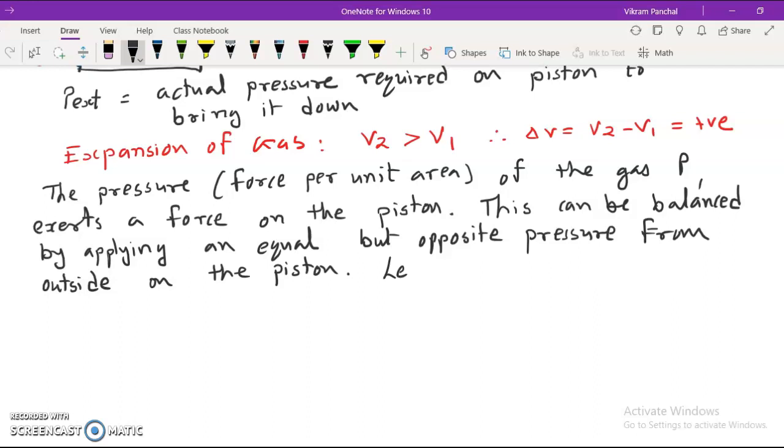Let it be P external. So P external is a pressure from outside; we put weights on this to maintain the pressure.